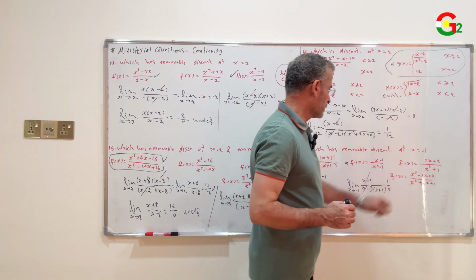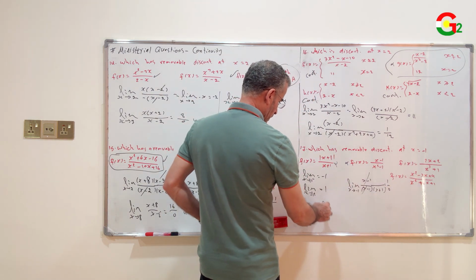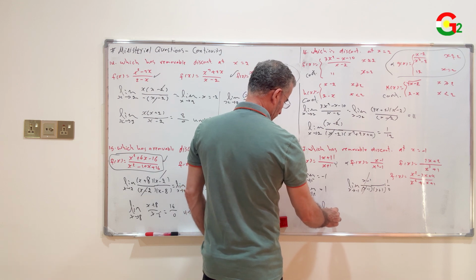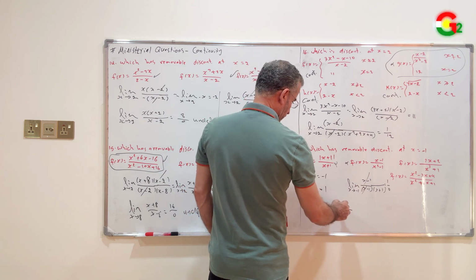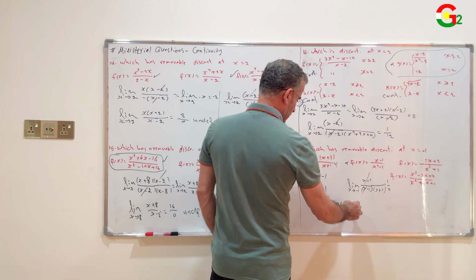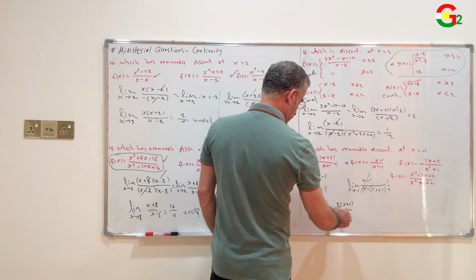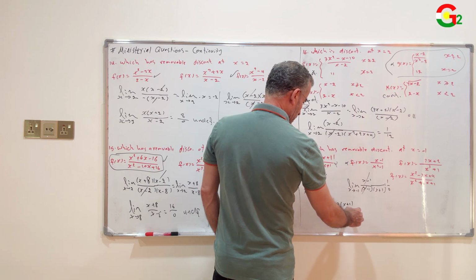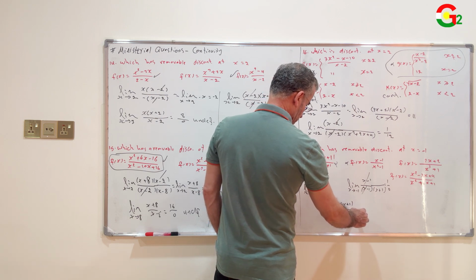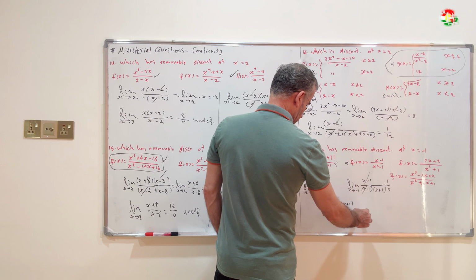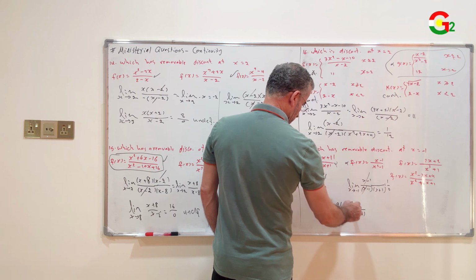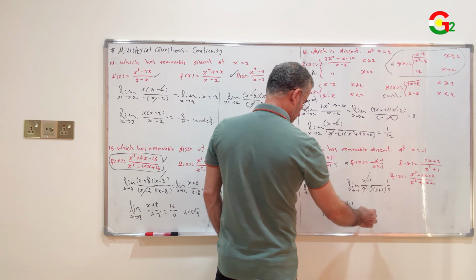Let us check this function. Limit as x approaches negative 1, factorize by 2, x plus 1, over analyze the sum of 2 cubes, x plus 1, x power 2 minus x plus 1, x plus 1 with x plus 1.